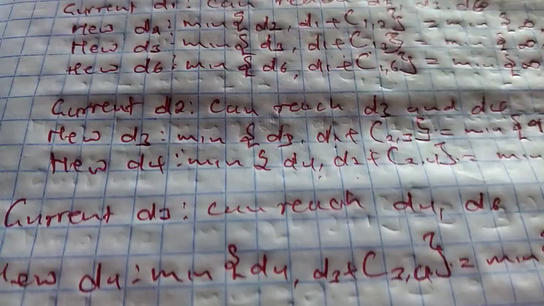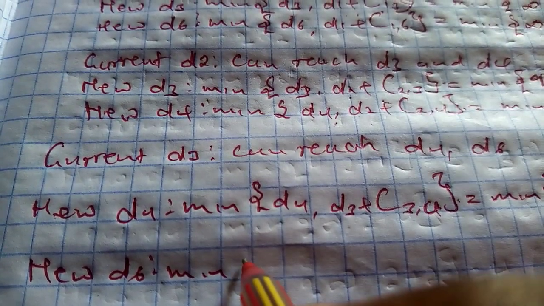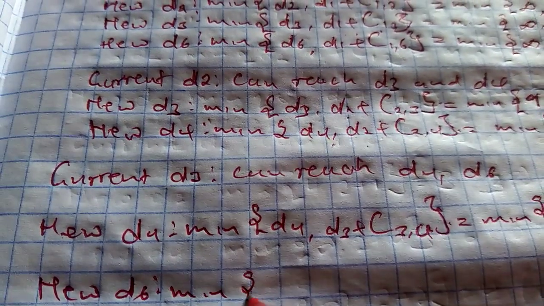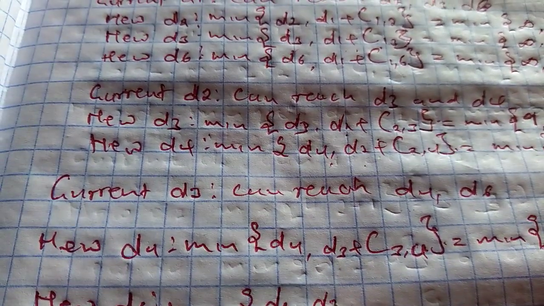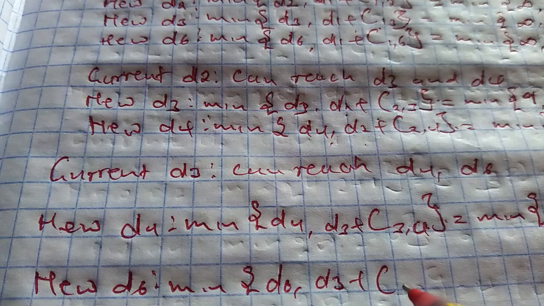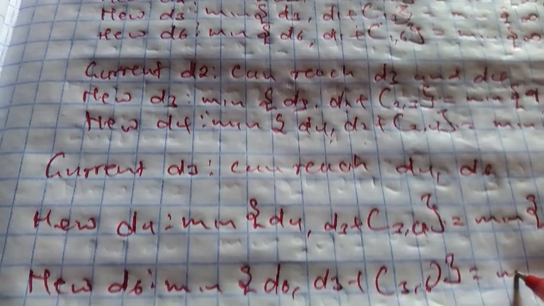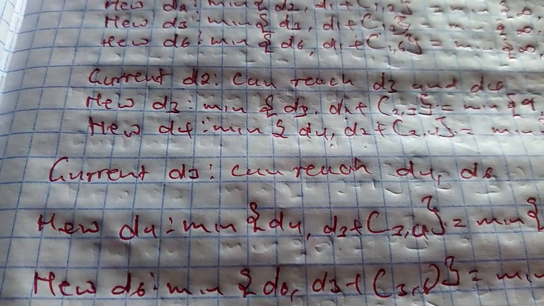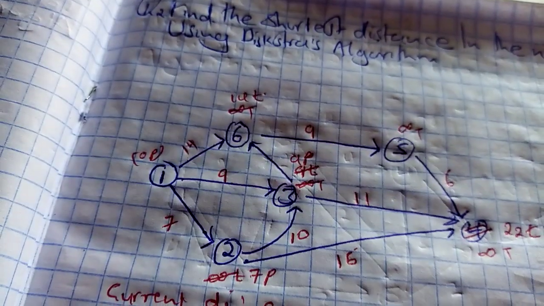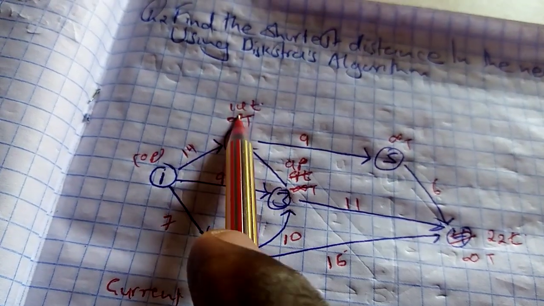It's a minimum between d6 and now d3 plus the weight, which is c3,6. So it is the minimum between, what is our d6? Go there and find d6 was 14. D6 is 14 here.